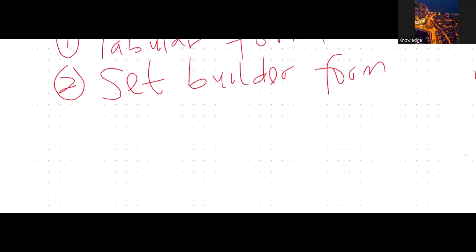For instance, if I want to give you the set of fruits that we have in Nigeria in tabular form, and I want to use capital letter F for the set of fruits, I will say: let F be the set of fruits in Nigeria, now write F using tabular form.